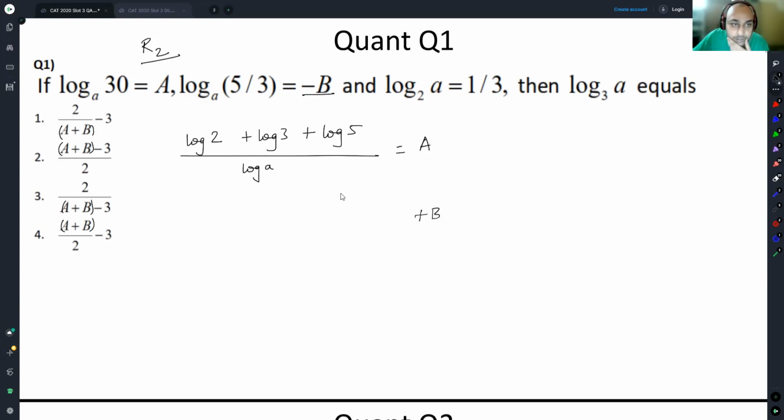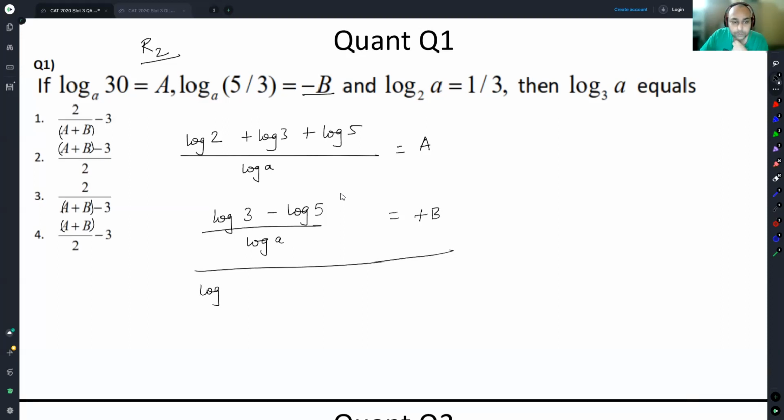So if I need a plus b, this expression will change to log 3 minus log 5 by log a. So now this I can happily rework as log 2 plus 2 log 3 by log a, and by log a is equal to a plus b.